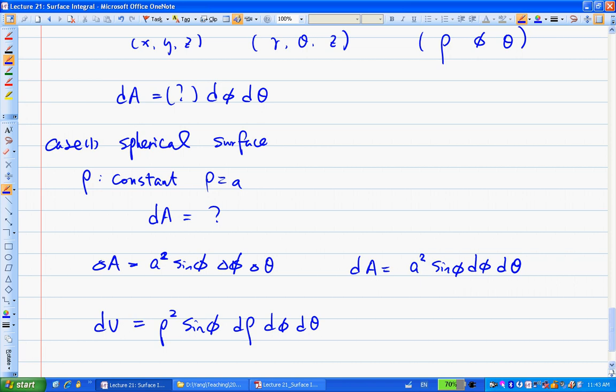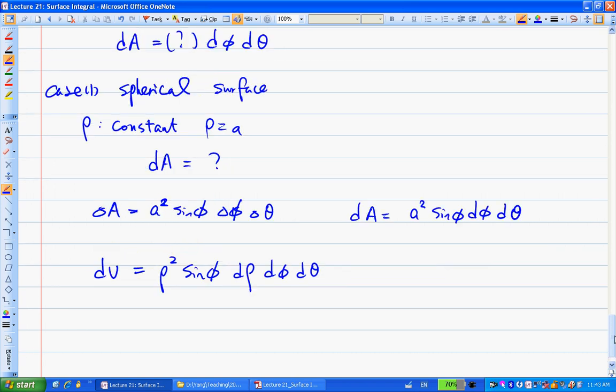Is that good? Of course, you also need to know the relationship between x, y, z and rho, phi, theta. That's not going to change. But we're not talking about the x, y, z in 3D space everywhere. We only talk about the x, y, z on the surface.